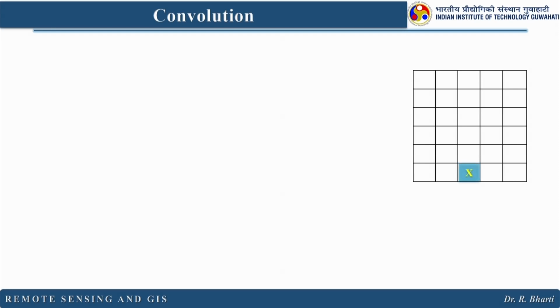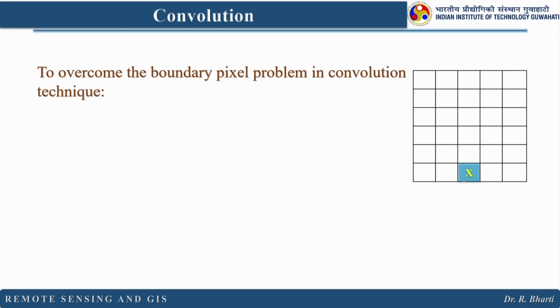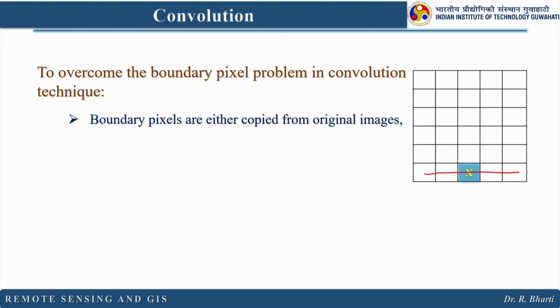So let us see for this particular pixel, the boundary pixel, what is going to happen and how we are going to solve this problem. So to overcome the boundary pixel problem in convolution technique, boundary pixels are either copied from the original image. So we will not calculate anything, we will just copy these values in the output one, because what we are doing, we are calculating these pixel values, right?